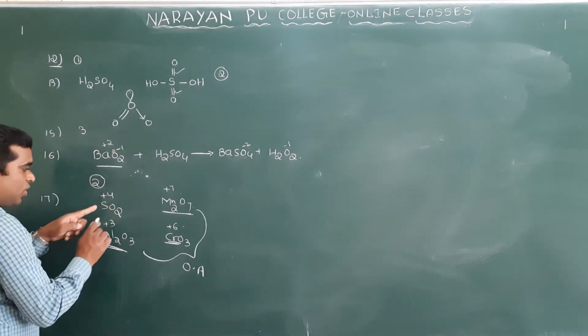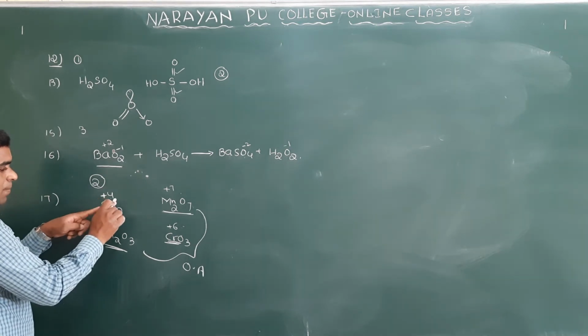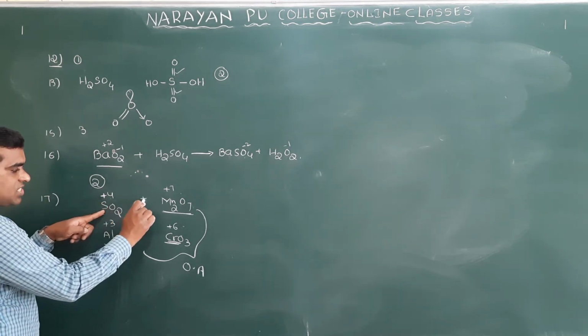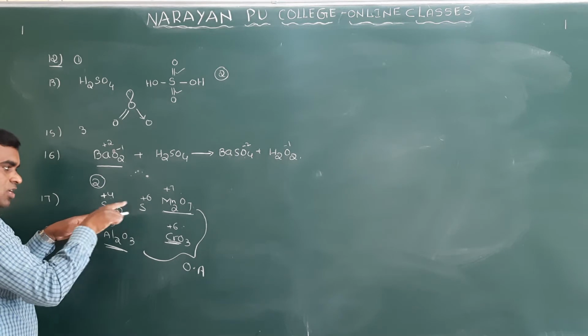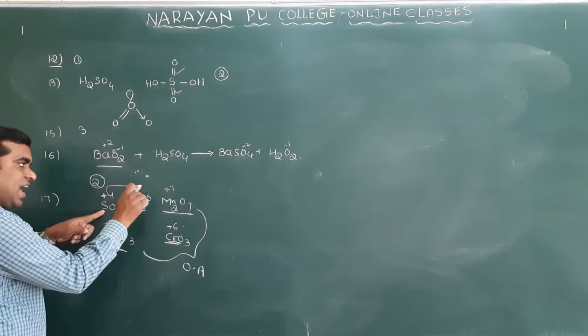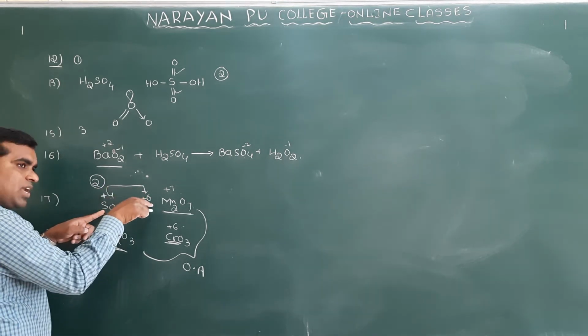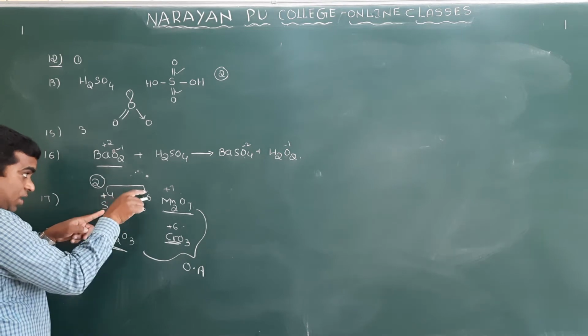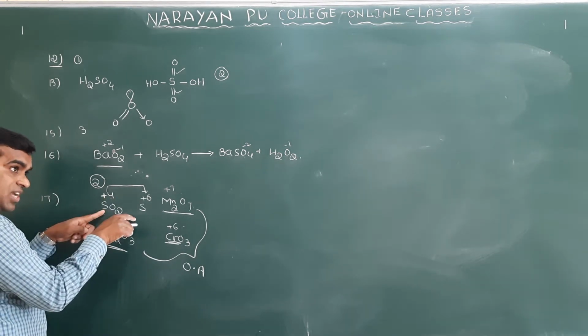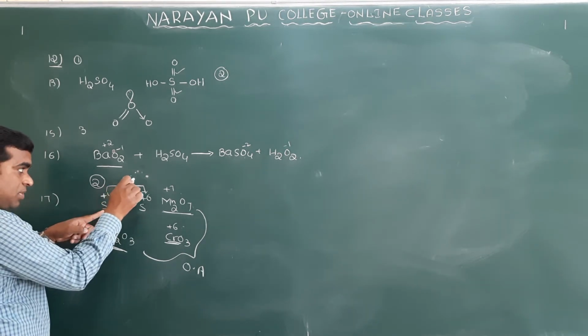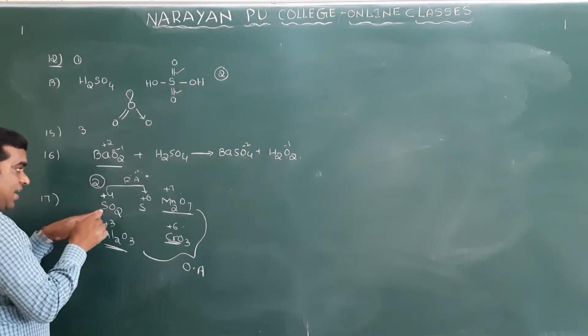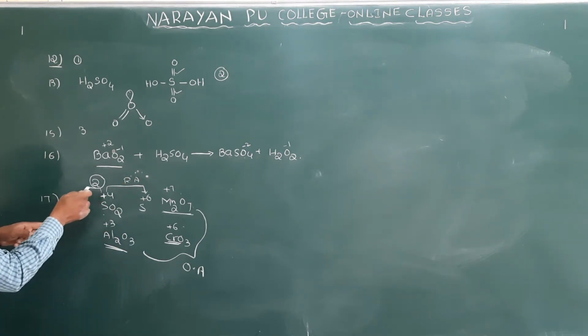Clear? So here it is in +4. +4 means, what is the highest oxidation state of sulfur? +6. So it can undergo oxidation to the highest oxidation state, which means it acts as a reducing agent. And it can also undergo reduction.